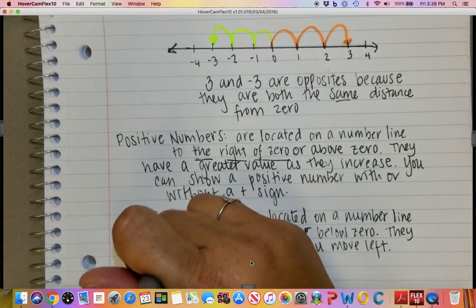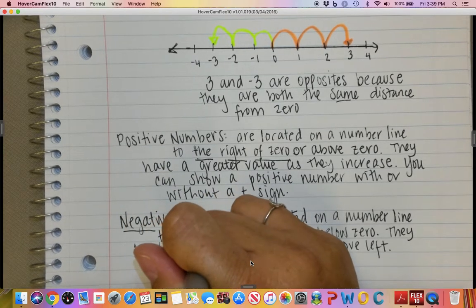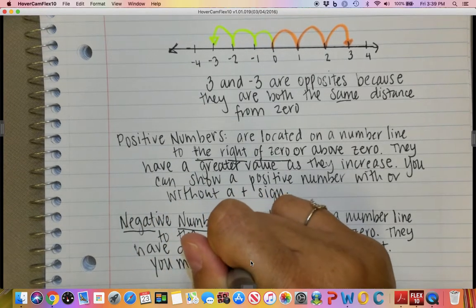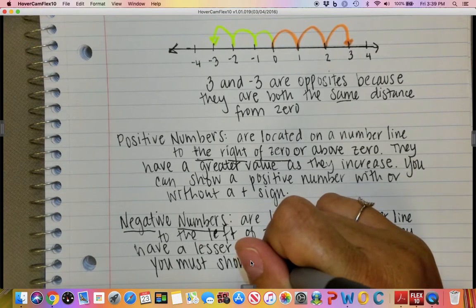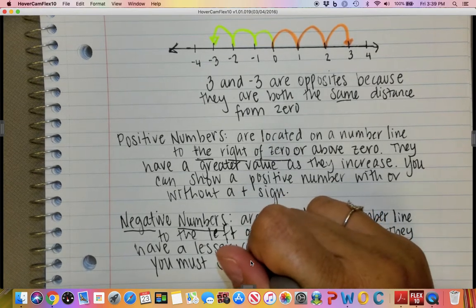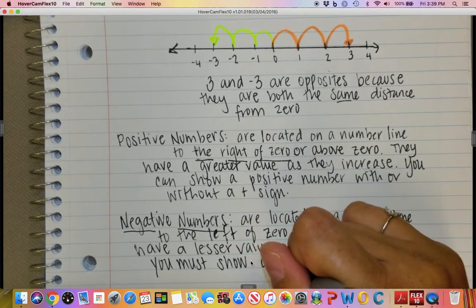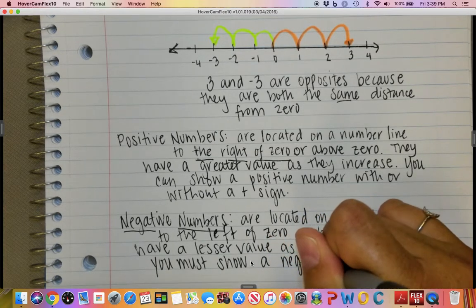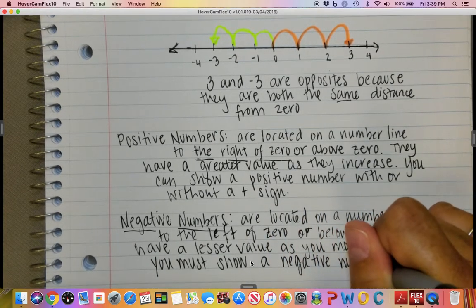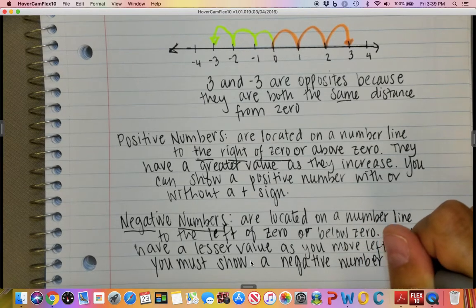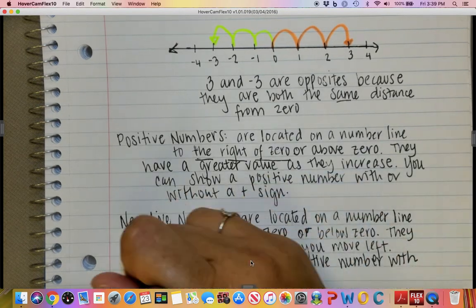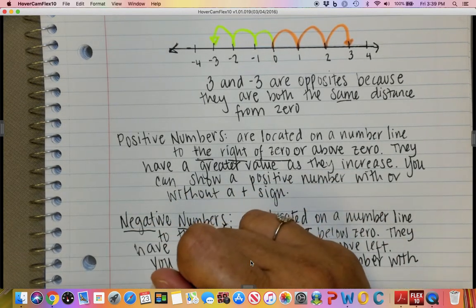You must show a negative number with a negative sign.